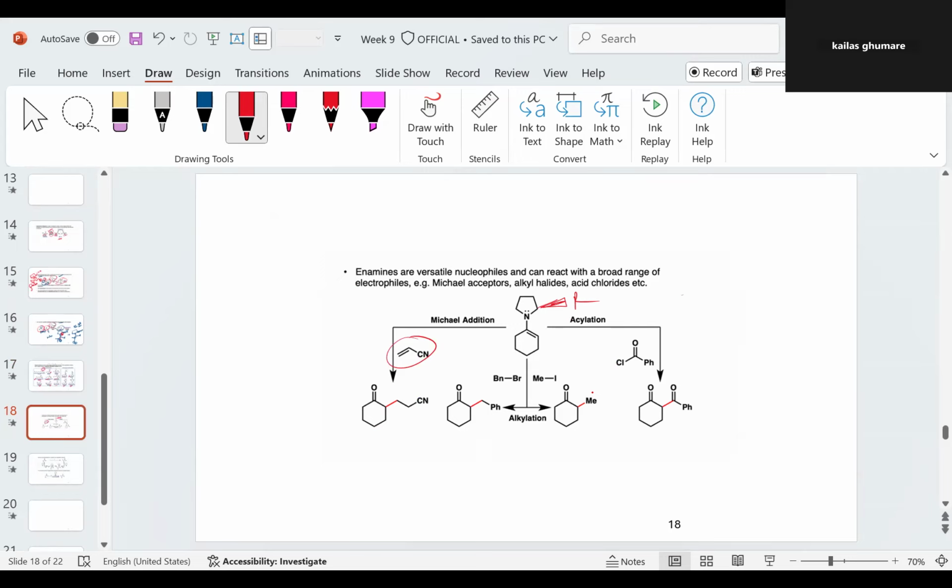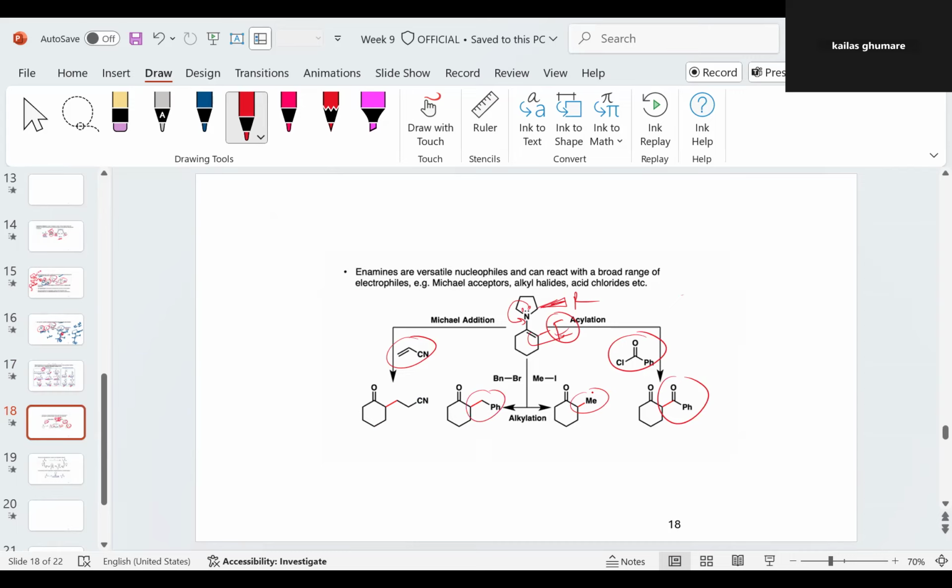The driving force for this reaction is the lone pair of electrons. This lone pair gets involved here and attacks the bond. At this position the next incoming electrophile gets added. So this example can form an acyl or alkyl product. We can do acylation or alkylation. This is also the same alkylation reaction.